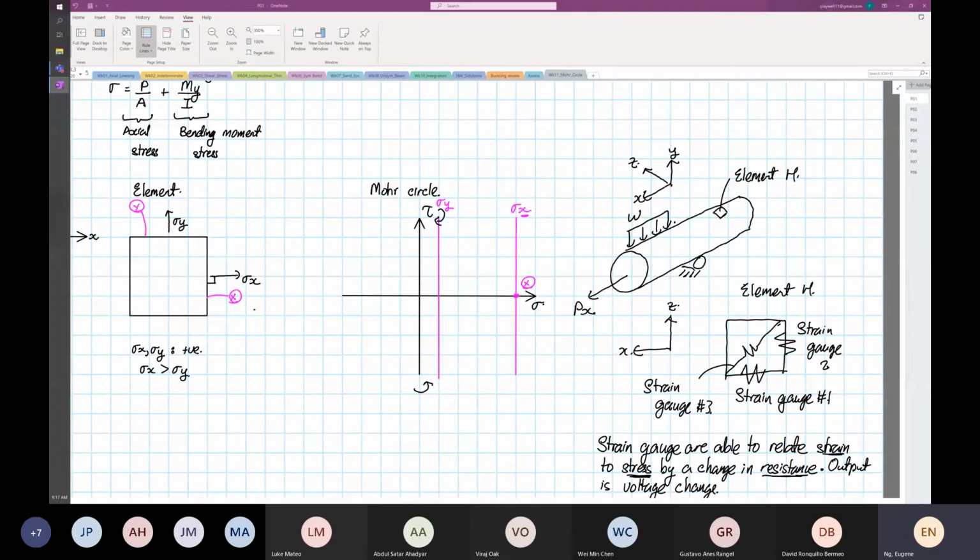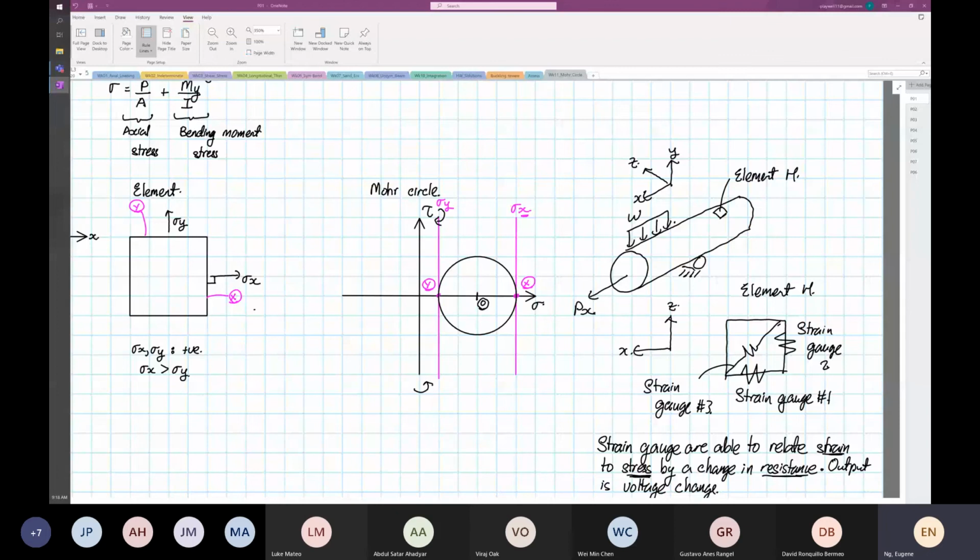Then over here, this point will be your point Y. From here, this is the center of the circle, which we usually call O. You use your compass to draw a circle. By the way, in your exam, you need a compass.